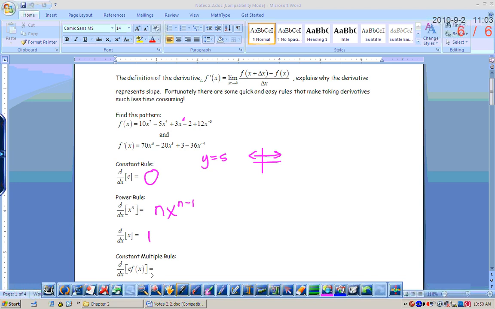And the constant multiple rule is if you've got a function times a constant, then the derivative is just going to be that constant times the derivative of the function. So the derivative of c times f of x is still c times f prime of x. An example of that is, let's say that we're taking the derivative of 5x squared.